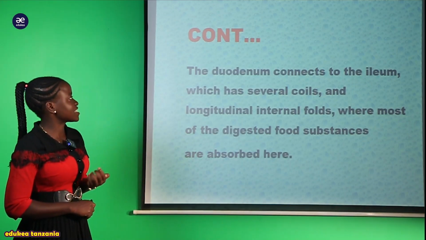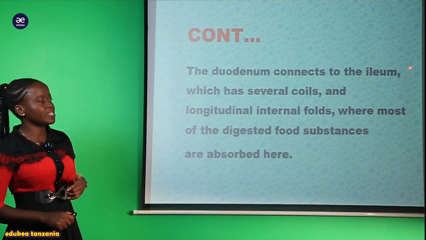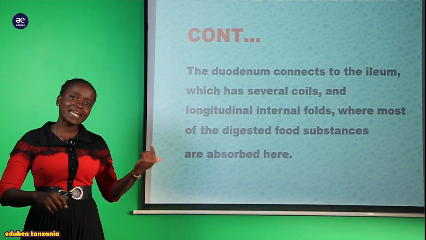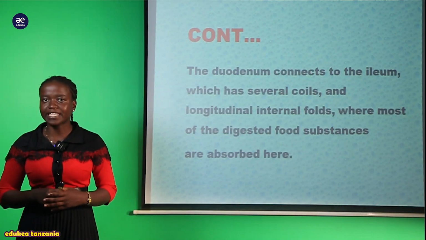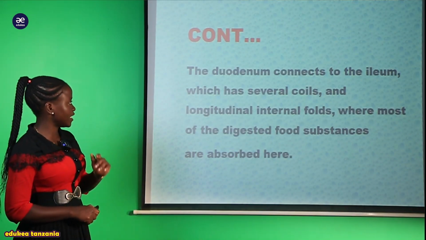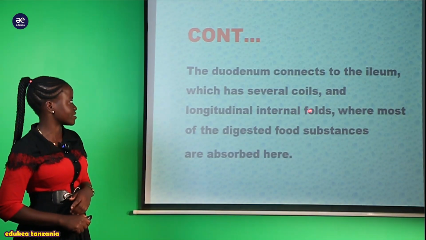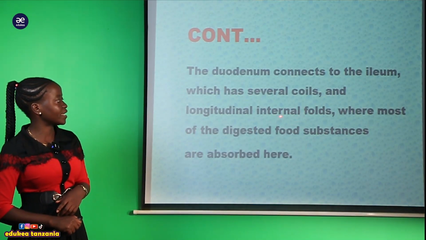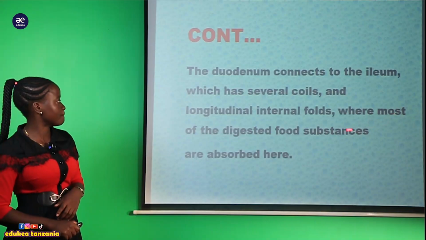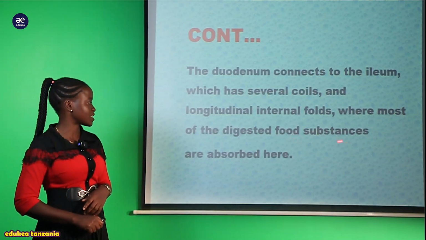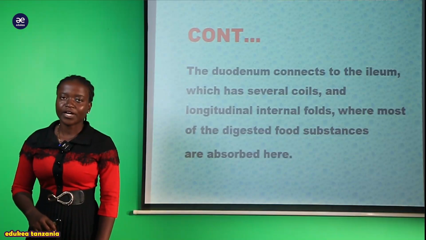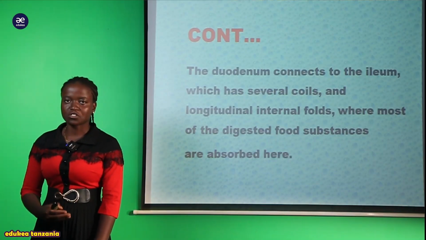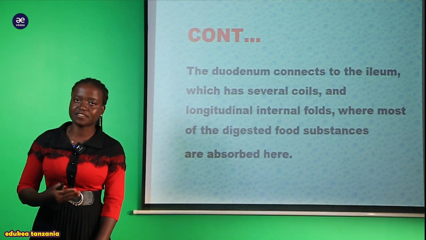And also we can say that the duodenum is connected to the ileum. Sasa baada ya ile structure ya duodenum kuna structure inayofuata inaitwa ileum. So the ileum has several coils and longitudinal internal folds where most of the digested food substances are absorbed. Kwa hiyo sasa kwenye hii ileum tunasema kwamba inakuwa na folding nyingi sana.